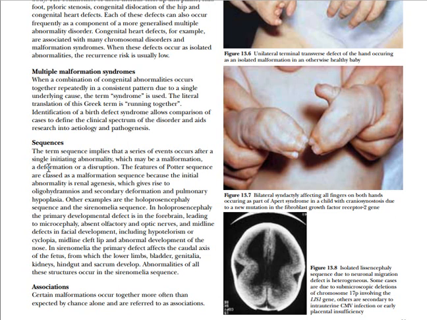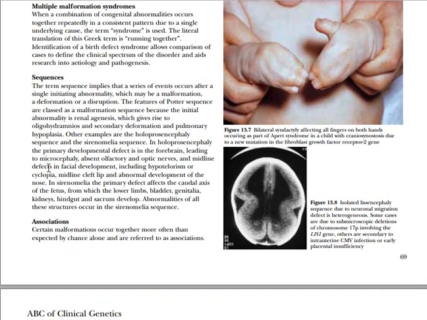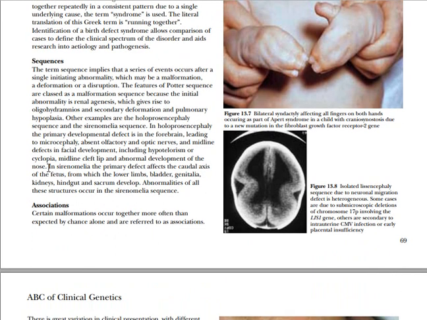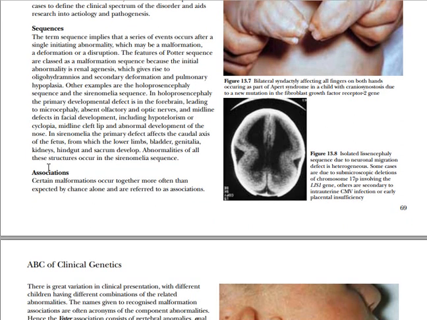Is it clear? That's the Potter sequence. We have multiple limb abnormalities, facial abnormalities, and oligohydramnios, which arises from renal agenesis. That is, the kidney has not grown. Since the kidney has not grown, there is no amniotic fluid, and amniotic fluid is required for skeletal formation.